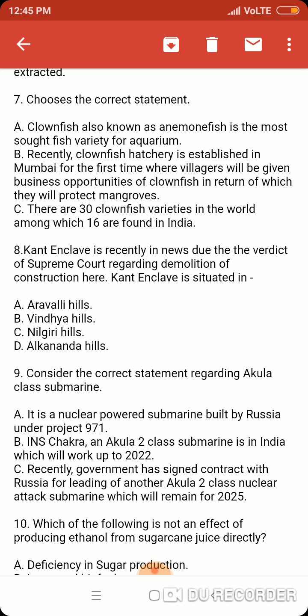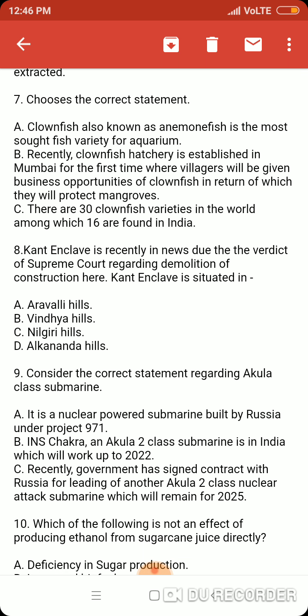Question number 7, choose the correct statement. Clownfish, also known as anemone fish, is the most sought fish variety for aquarium. This is equally important for prelims and mains. In mains you can find 2-mark questions, or questions regarding the recent government initiative for aqua business.